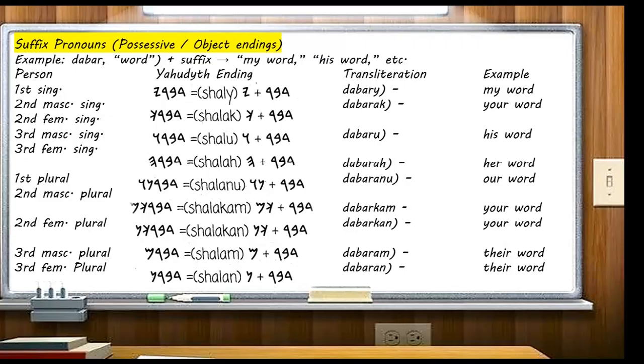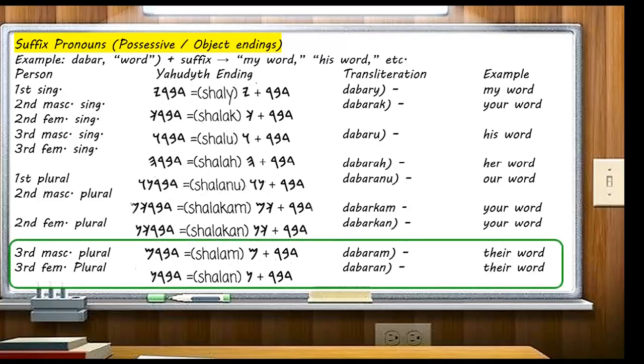Finally, on this whiteboard slide, we look at the third person masculine and feminine plural form of saying their word. And so you have shalam and shalan.